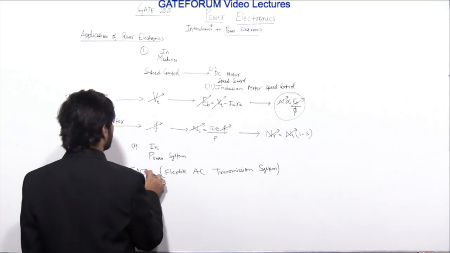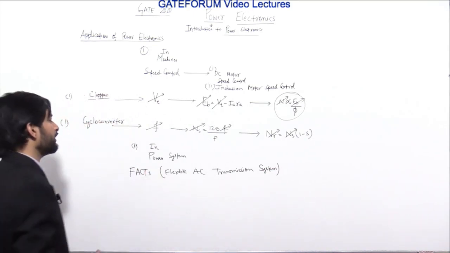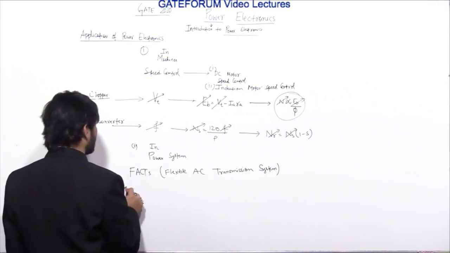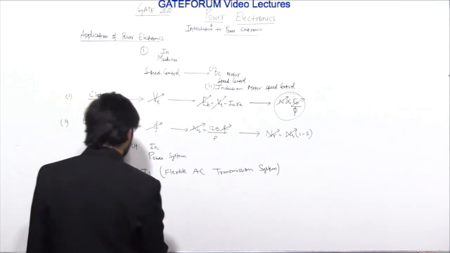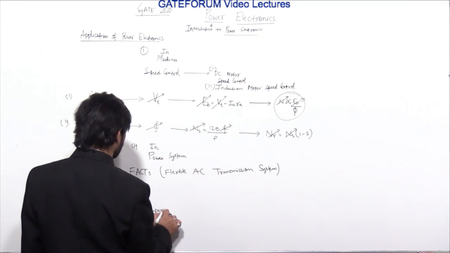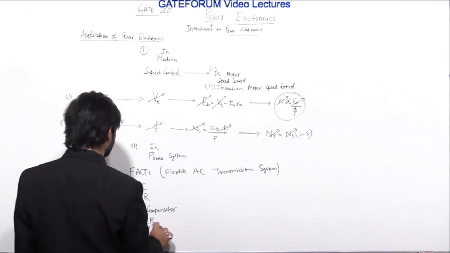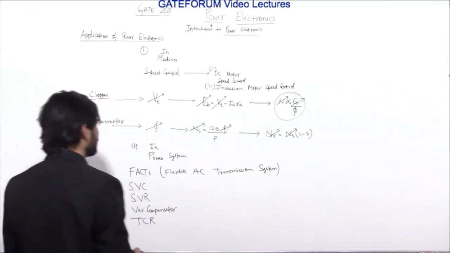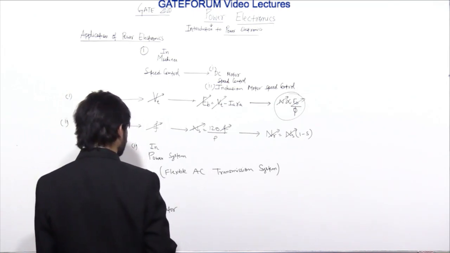In the flexible AC transmission system, we use some power electronic converters, and even in the bus, we use static VAR compensator, static VAR reactor, static VAR capacitor, thyristor controlled reactor, thyristor controlled capacitor. All these devices will be used for compensation.